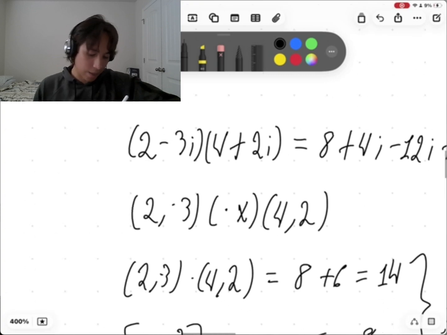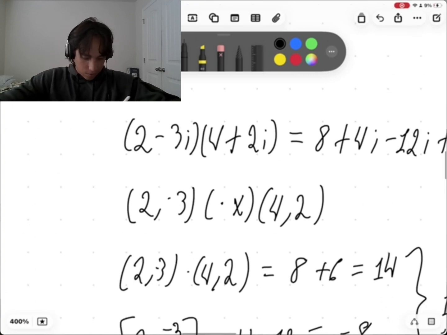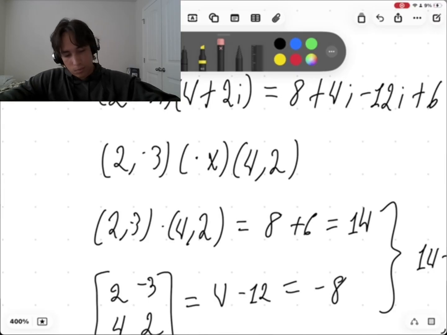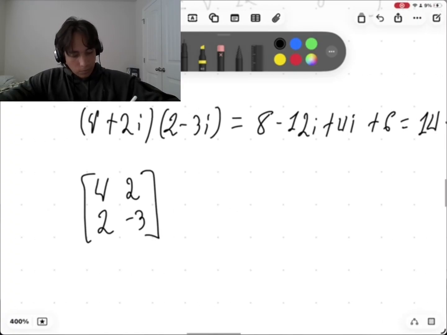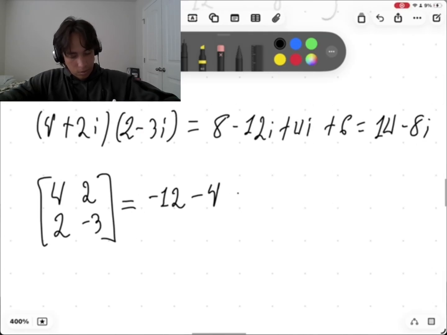It's negative 3i. Negative 3. It does change things. Well, let me try. It is negative 12 minus 4, which is negative 16.